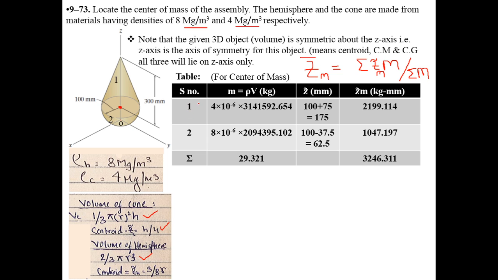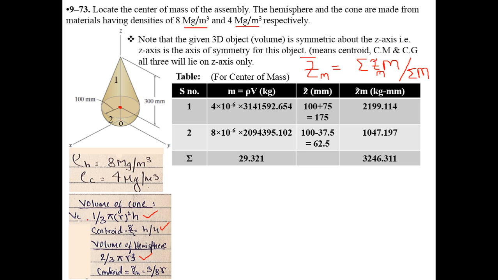Number one is the cone. Let us start from the cone. The cone has a density of 4 megagram per meter cube. So I have written here 4 into 10 to the power minus 6, and I have multiplied it with the volume of the cone.